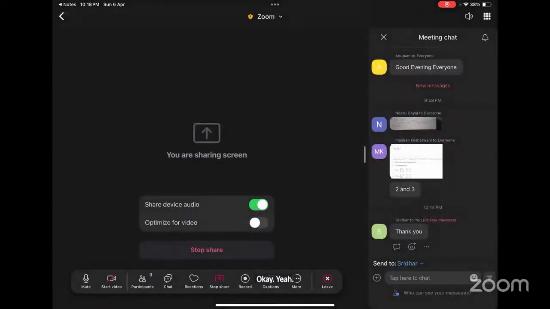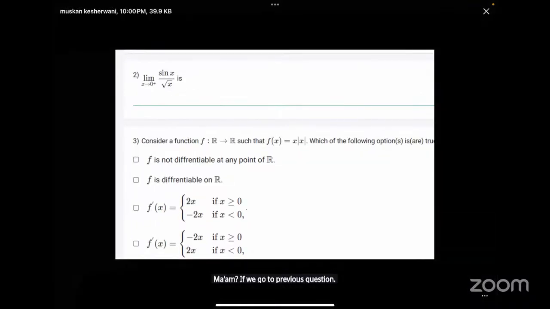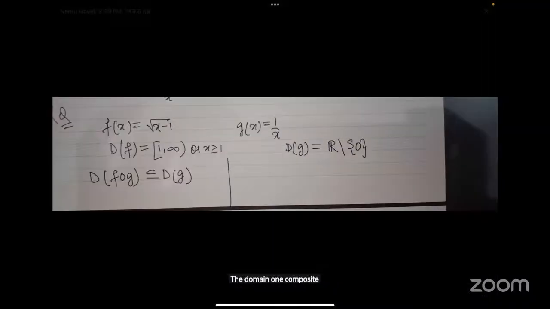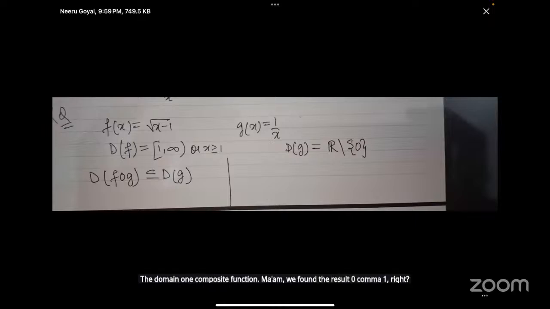Ma'am, if we go to the previous question, the domain one, composite function. Ma'am, we found the result 0, 1, right? But it is not a subset of the domain of F. Why?